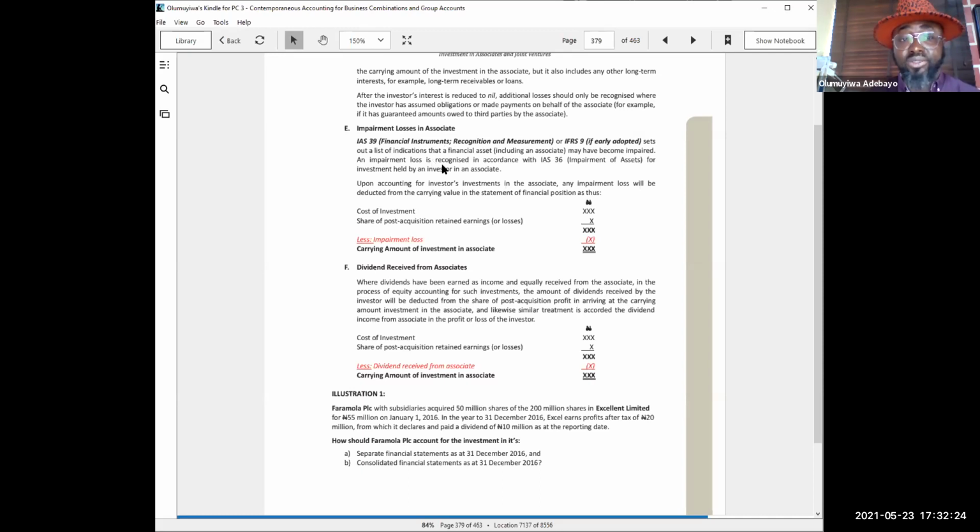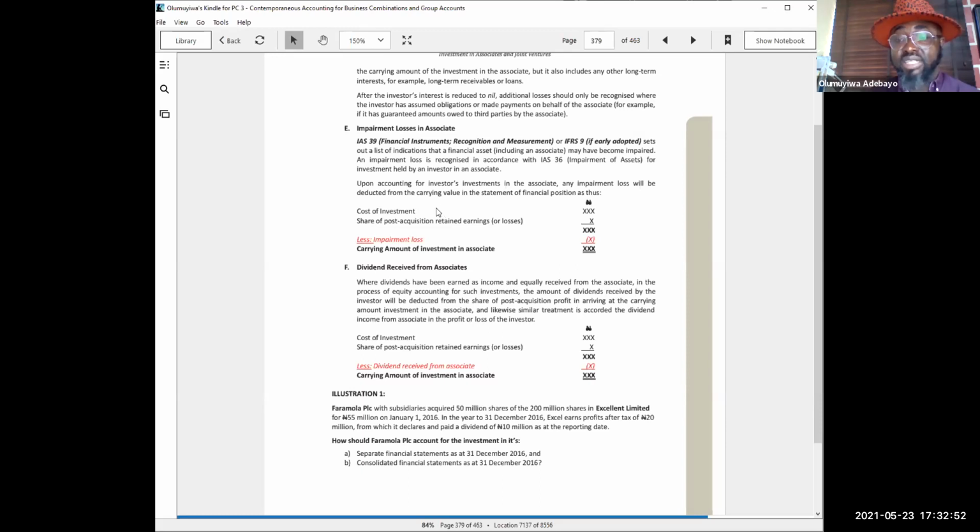Okay, impairment loss on associates. The requirement of IFRS 9 equally applies, which gives indicators of when investment in any form of financial asset will have been impaired. But impairment loss on associates will be determined in line with the requirement of IAS 36, as opposed to the requirement of IFRS 9 in terms of determining the impairment.